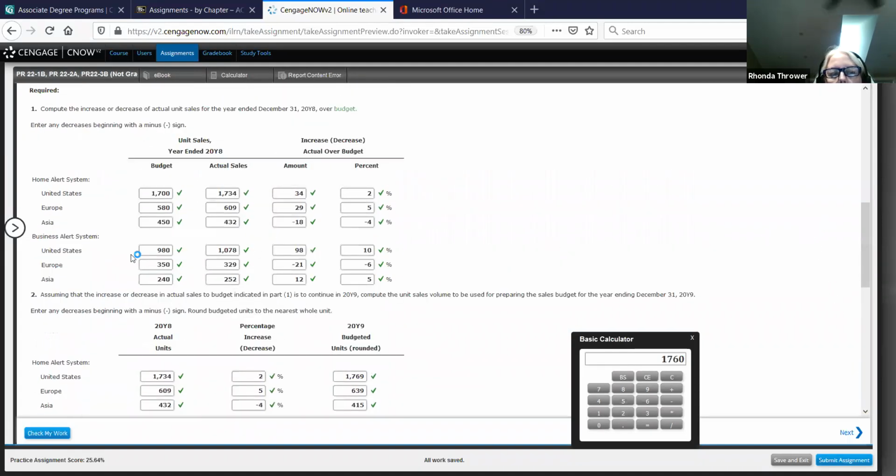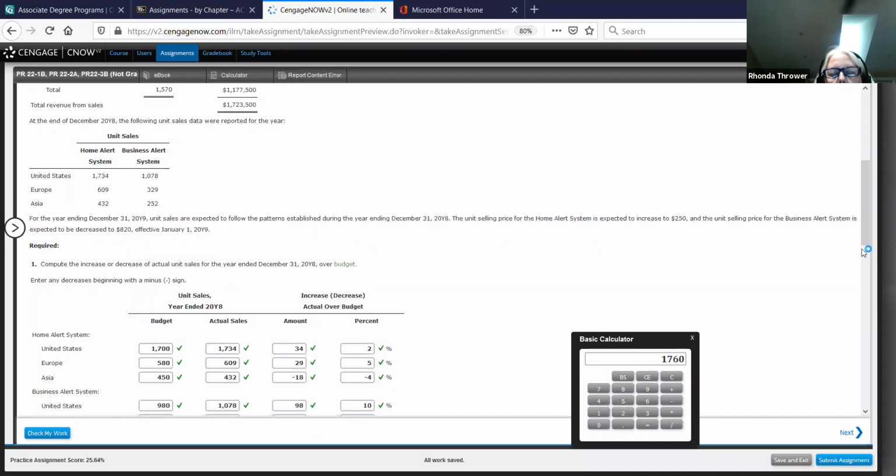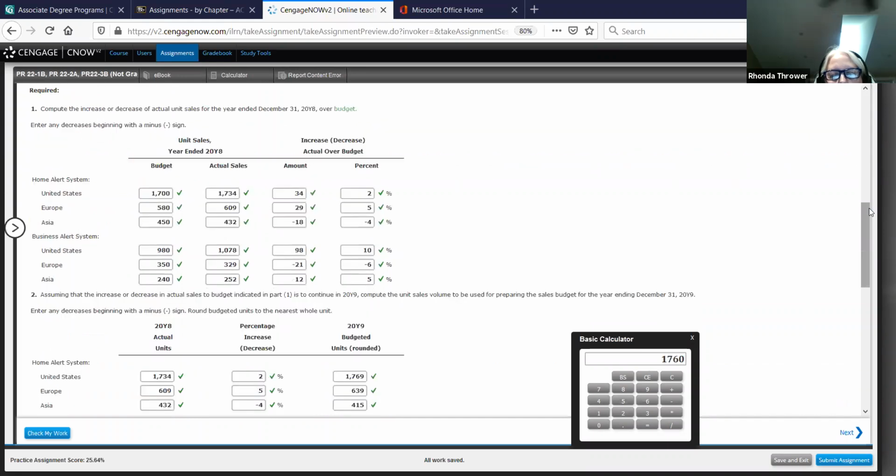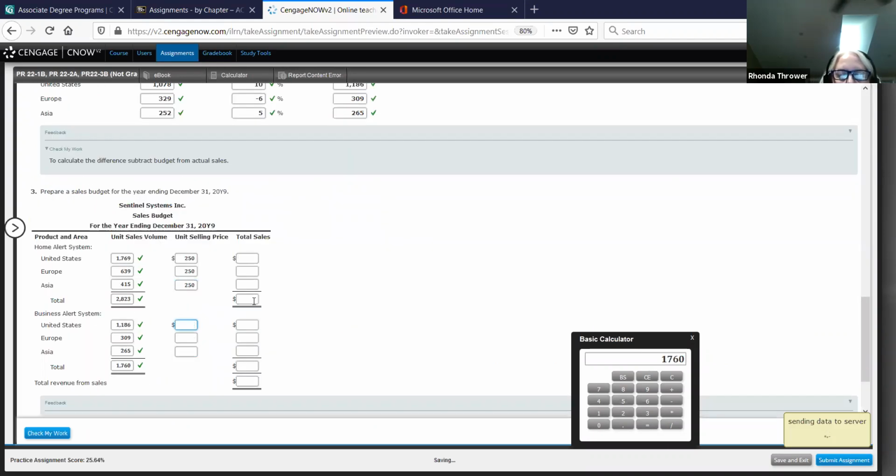And the business alert system is expected to decrease to $820. Once you know what the unit selling price is, then you multiply by the unit sales volume, and that'll give you the total sales dollar amount that should go on the budget.